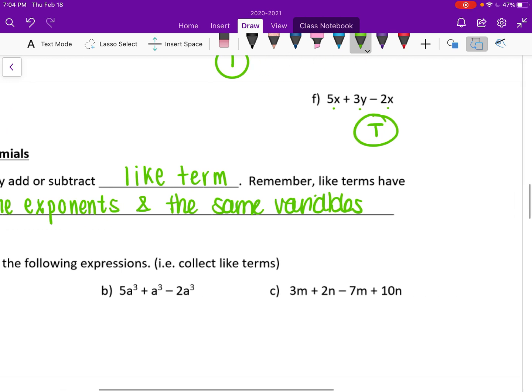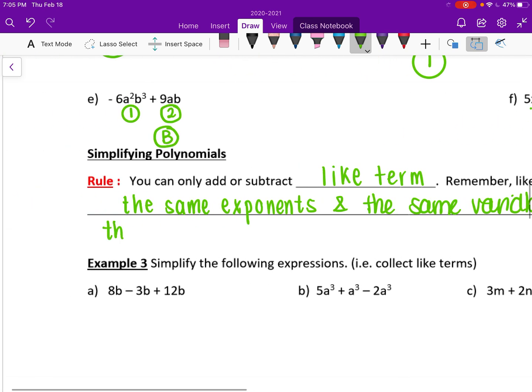The only thing that's different is the coefficient. So the number at the front.